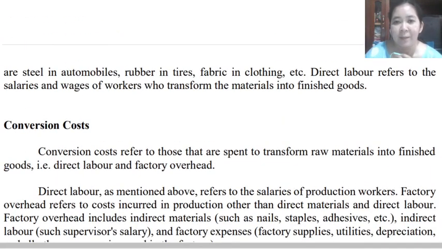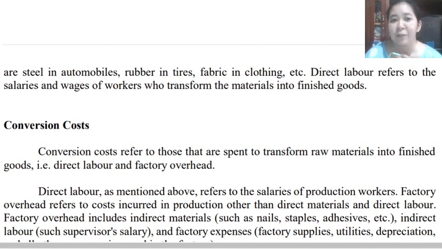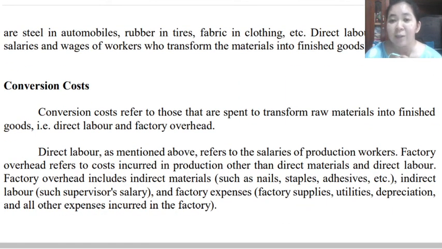So again, prime costs are your direct materials and direct labor, because primarily these are the costs and items that form an integral or major part of our finished product. While conversion costs are the activities and costs incurred in the transformation process of our raw materials to finished products.